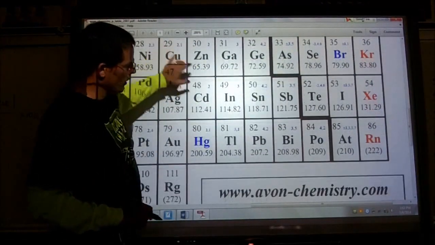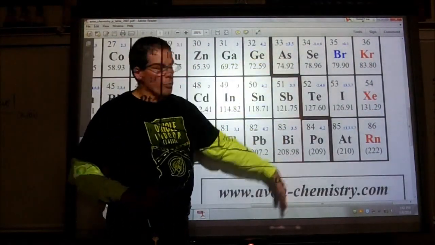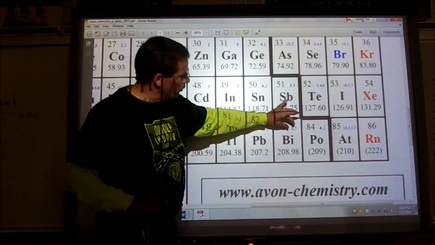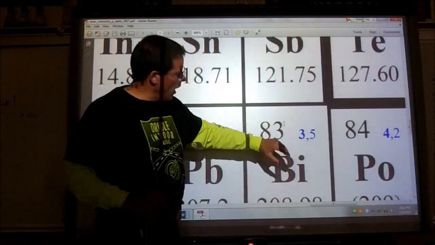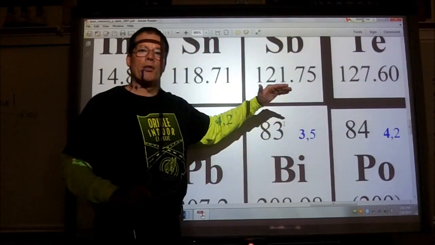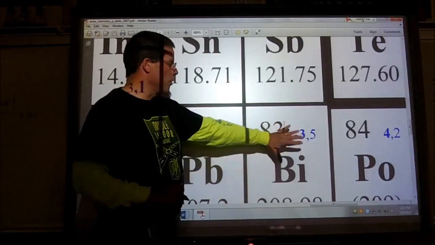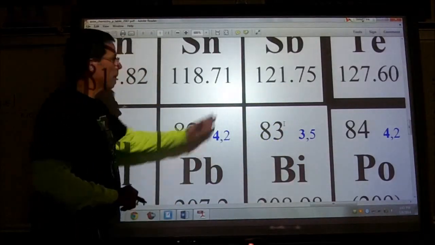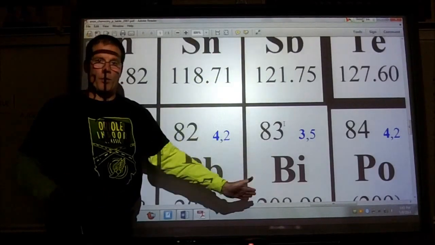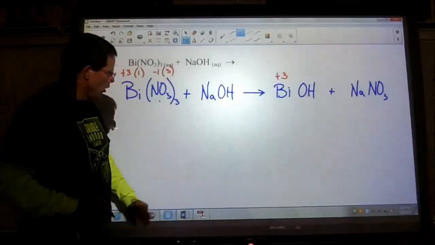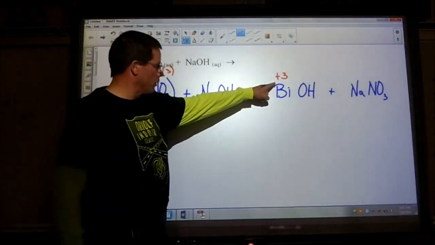Bismuth is below that stair step, so these values are not negative 3 and 5, they're actually positive 3 and 5. So bismuth does have a plus charge, yes, even though it is in group 5A. It has a plus 3 charge.